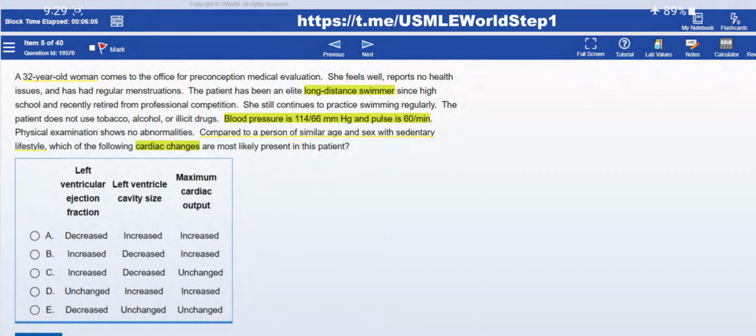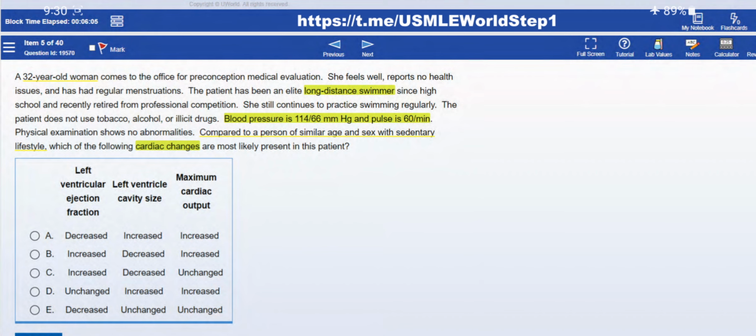She still continues to practice swimming regularly. The patient doesn't use tobacco, alcohol, or illicit drugs. Blood pressure is 114/66 mm Hg and pulse is 60 per minute. Physical examination shows no abnormalities compared to a person of similar age and sex with a sedentary lifestyle. Which of the following cardiac changes are most likely present in this patient?